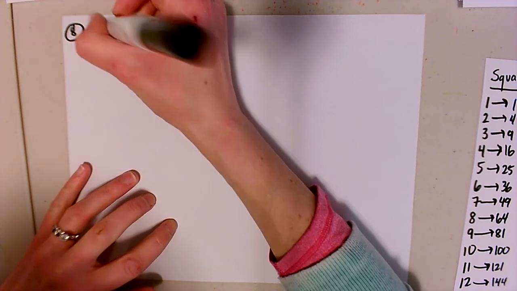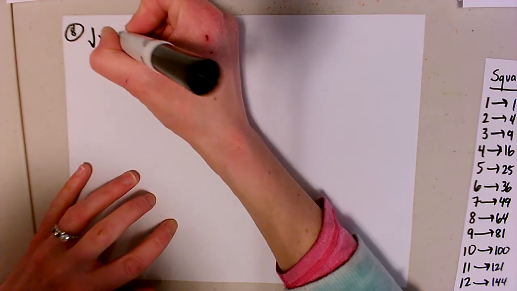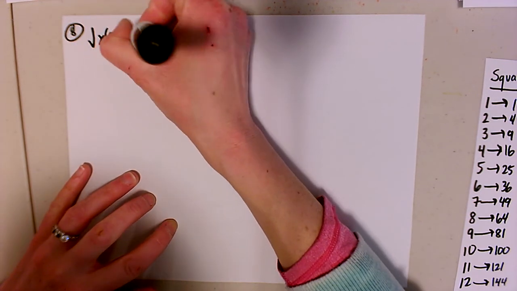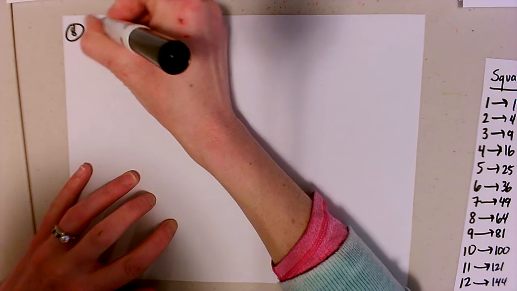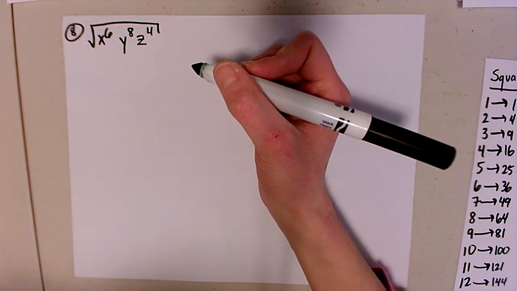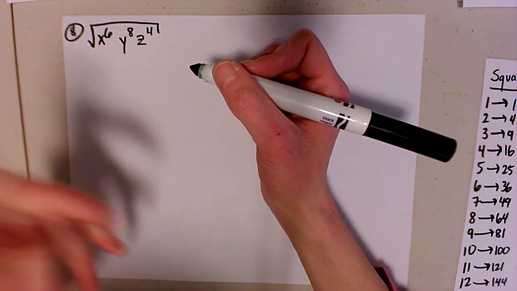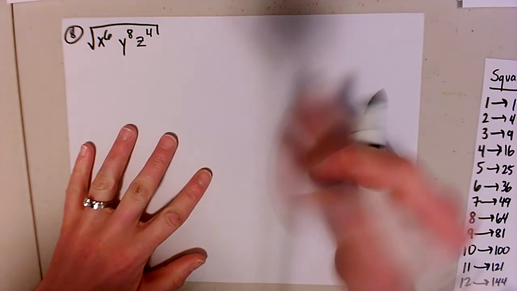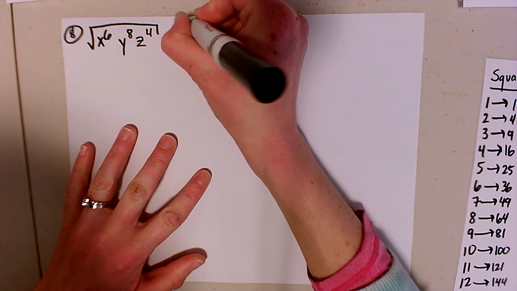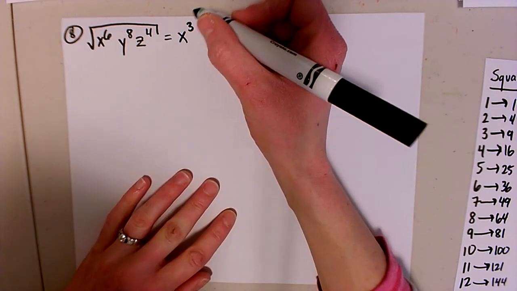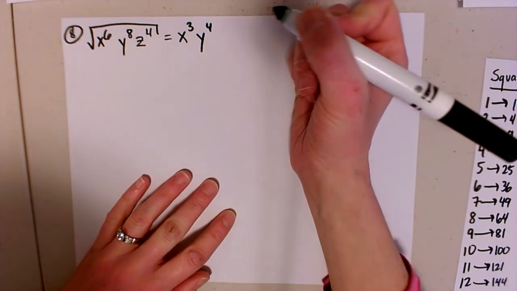So for number 8, I have the square root of x to the 6th, y to the 8th, z to the 4th. Okay, so for all of these, I can divide these numbers just by 2 and everything works out perfectly. So 6 divided by 2 is 3, so I'll have x cubed. 8 divided by 2 is 4, so I'll have y to the 4th.